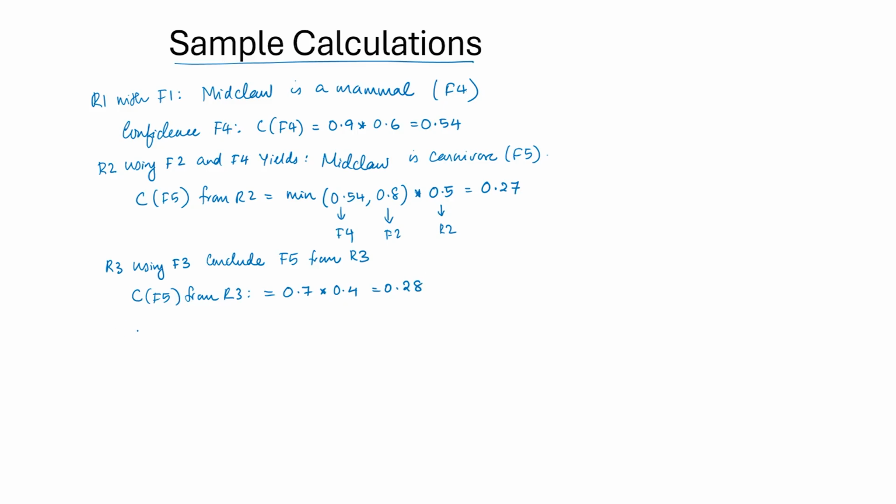So, now the last one is C of F5 from R3 and R2, equal to 0.27 combined with 0.28, which is equal to 1 minus (1 minus 0.28) multiplied by (1 minus 0.27), okay, which is equal to 0.48. Okay. So, that is the way you can calculate this.